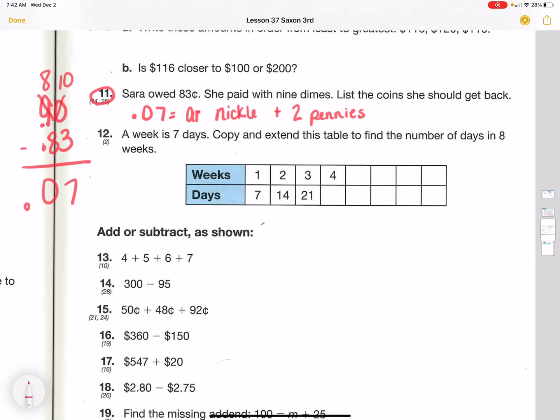Number 12, a week is 7 days. Use the table to find the number of days in 8 weeks. We're just adding 7 each time. You need to find the next 1, 2, 3, 4, 5 numbers. This is just counting by ones. Okay.